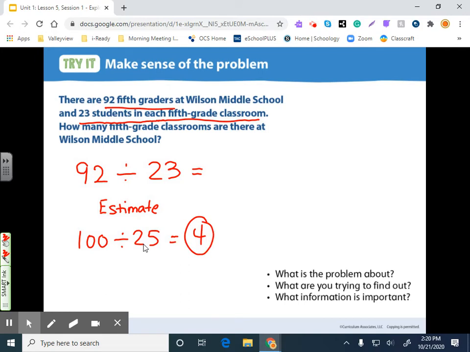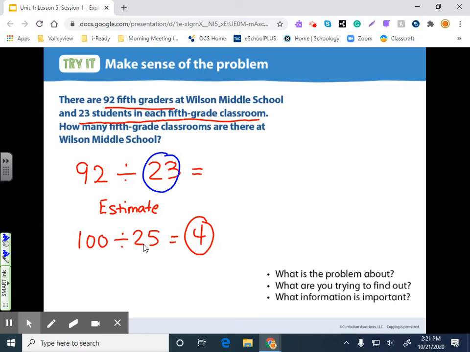So we can also solve this like we did with the warm-up. And you've got your 23 here. So we can say 23 times something will equal 92. And we can do that. Some of you might be able to do this in your head.